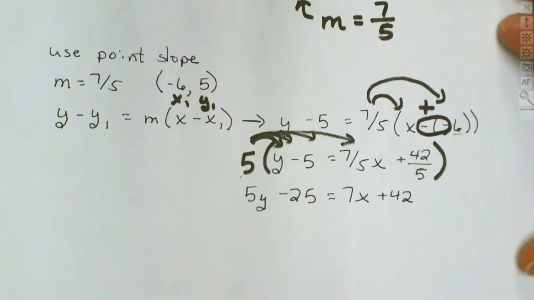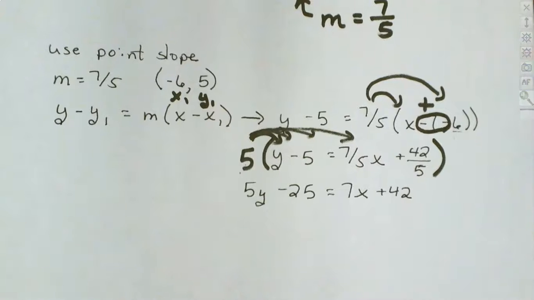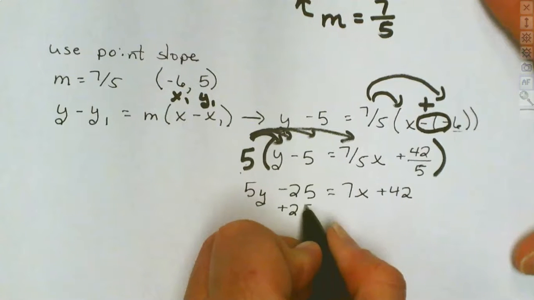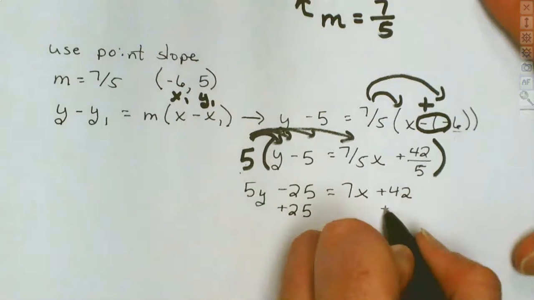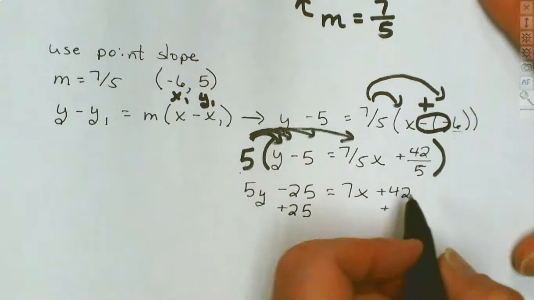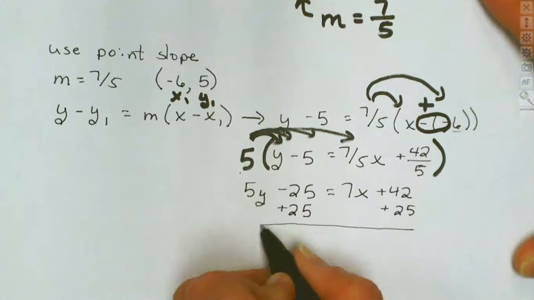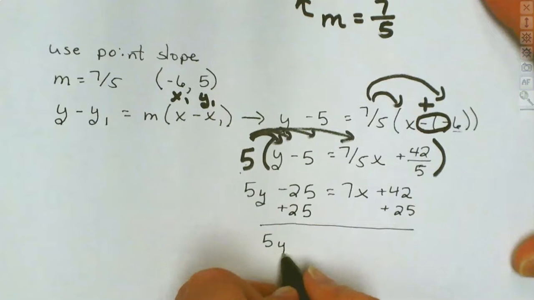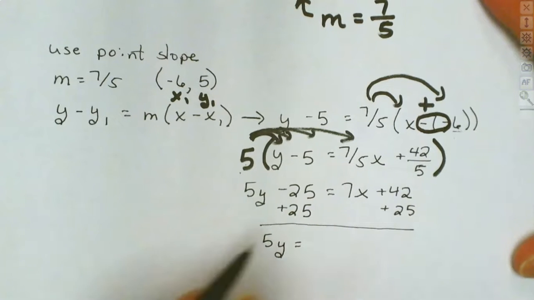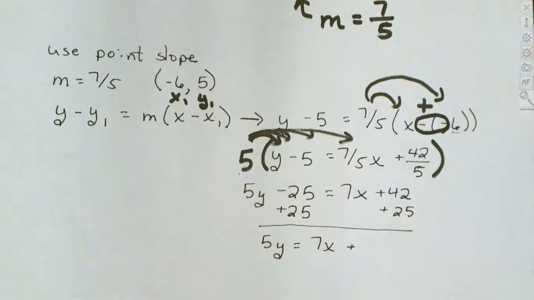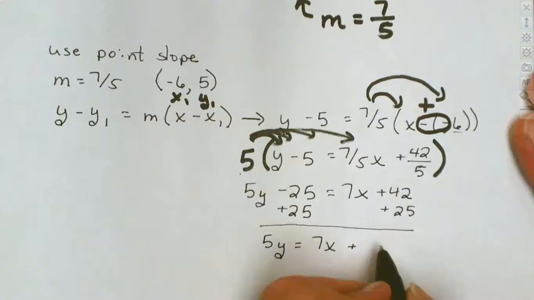Now we want this in slope-intercept form, and we're almost there. So we need to add that 25 over. And that leaves me then with 5y equals 7x. And then we've got 42 and 25. And that makes it a 67.